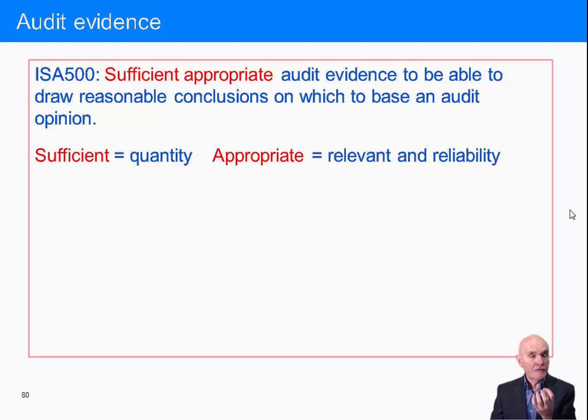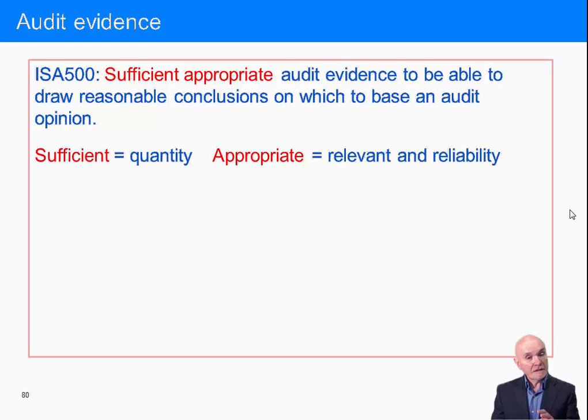We have looked at enough of these to satisfy ourselves that the chances of a material misstatement are pretty low. Or we have looked at enough operations of controls. We have looked at enough signatures on invoices to see that the invoice accountant over there is doing the job correctly, looking at the invoice and signing it off as having been properly ordered and the goods received.